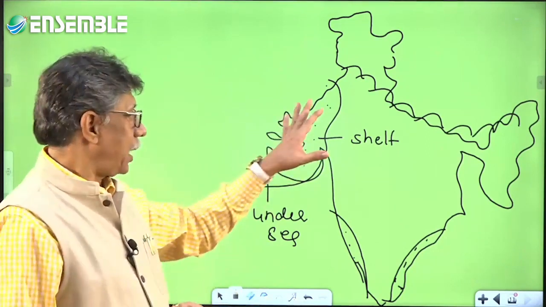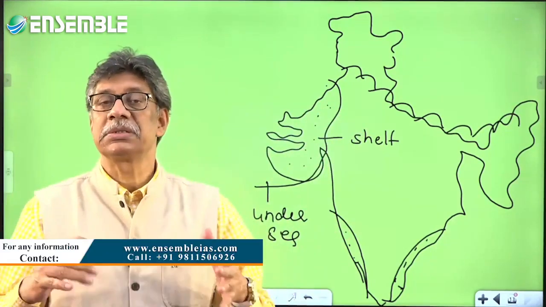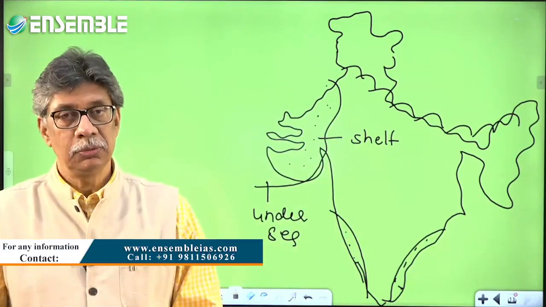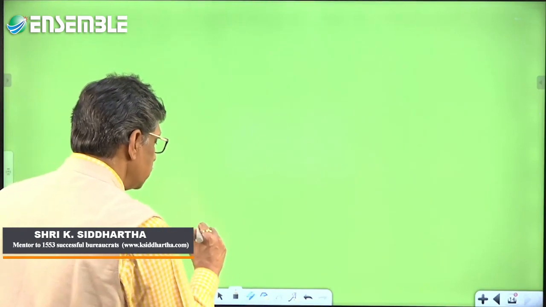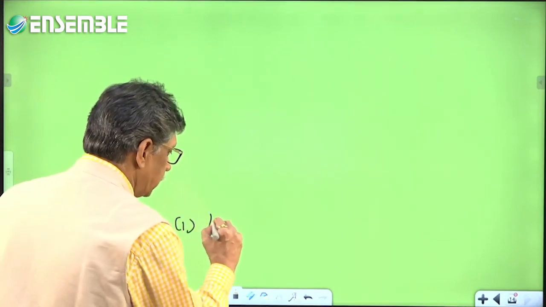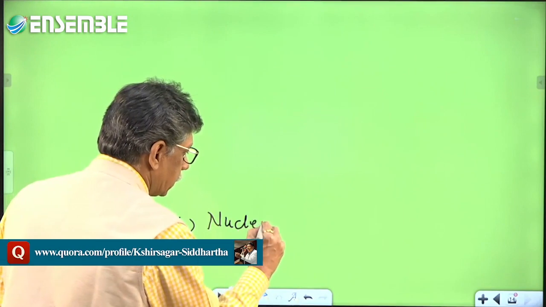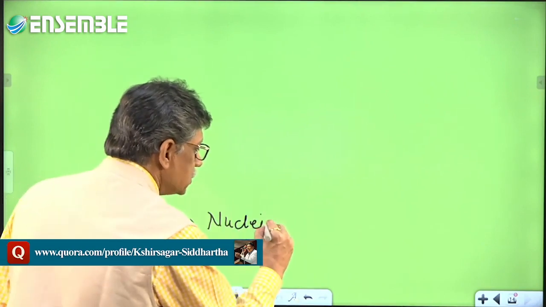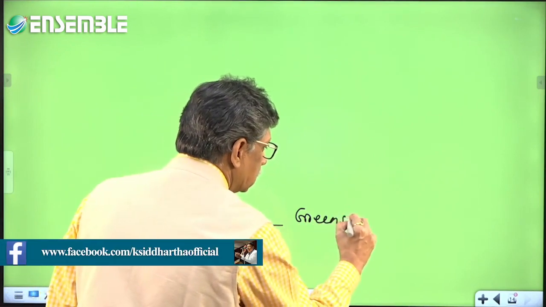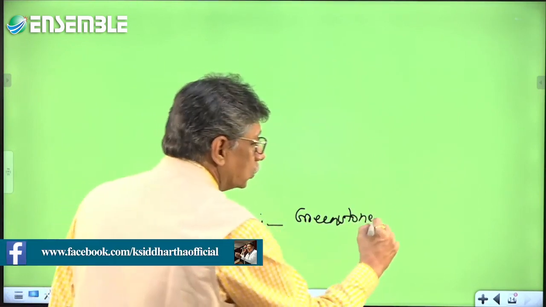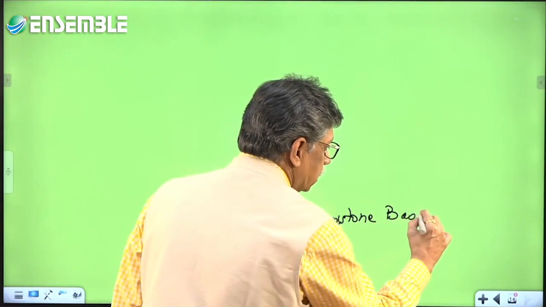Now this is how the geological personality of India came into being. To sum it up, the first was the formation of a nuclei. Then in the nuclei there were 4 layers, greenstone, and that led to the formation of a basement.